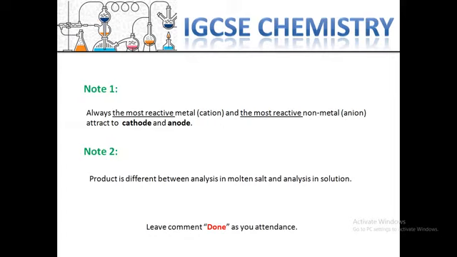Note 2: the products are different between electrolysis in molten salt and in solution. In molten salt, we had one salt with two kinds of particles, positive and negative ions, and both were discharged at the cathode and anode.